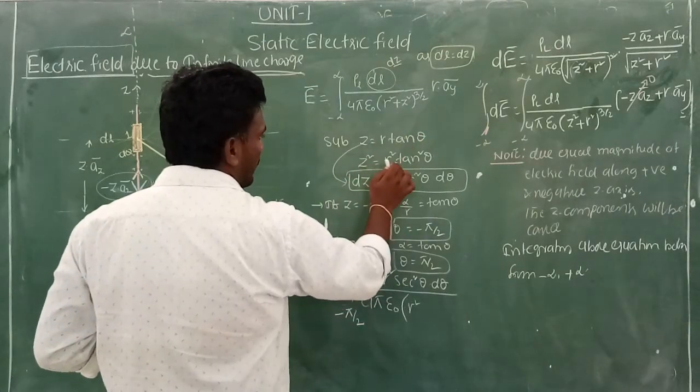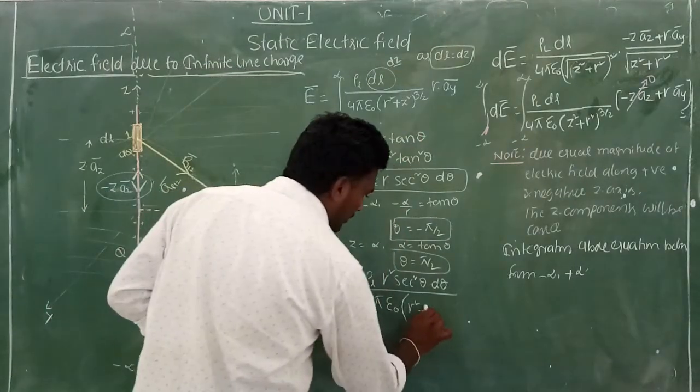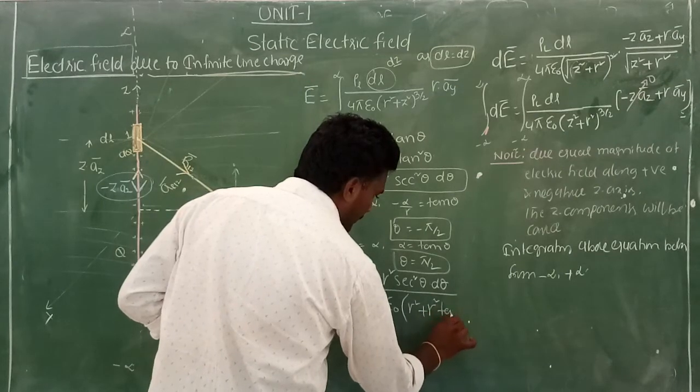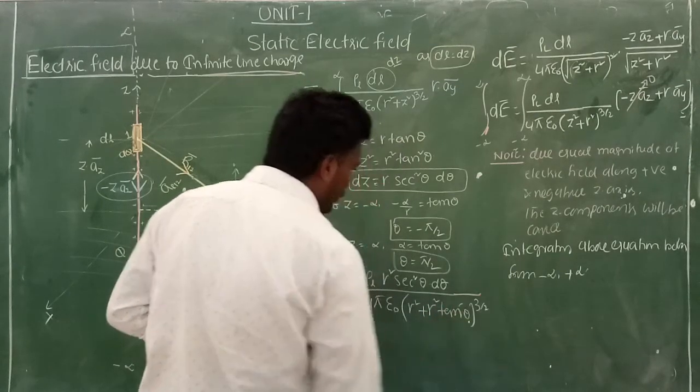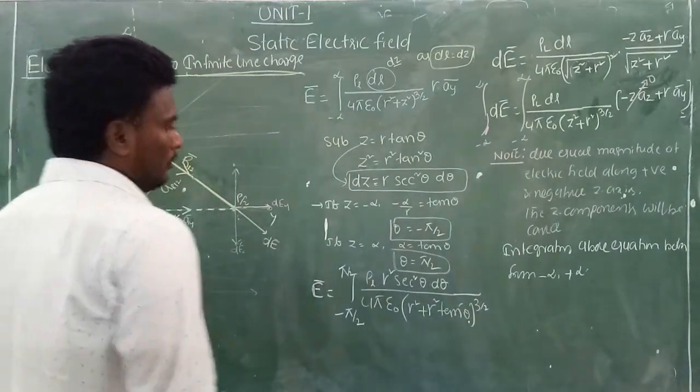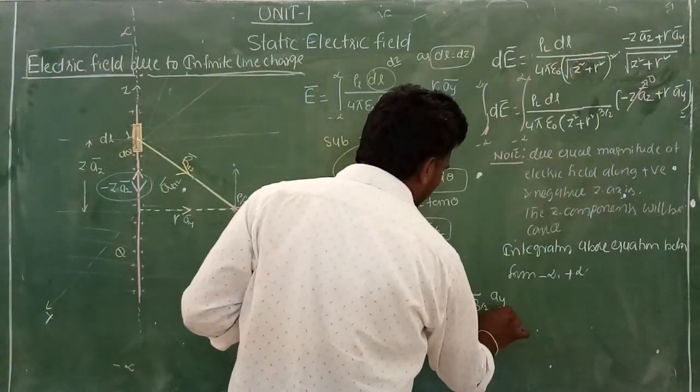In place of z square we substitute r square tan square theta, so r square plus r square tan square theta whole power 3 by 2, into a y bar.